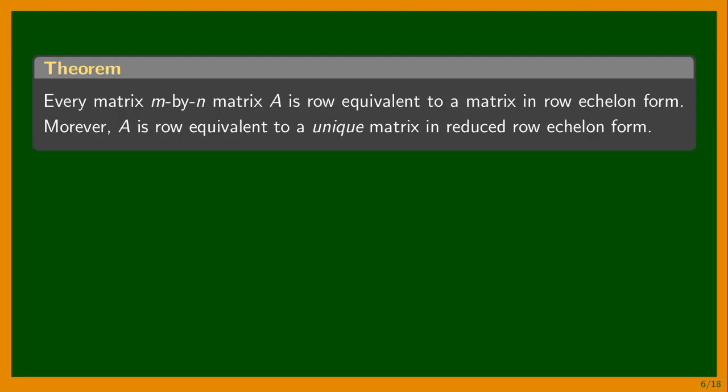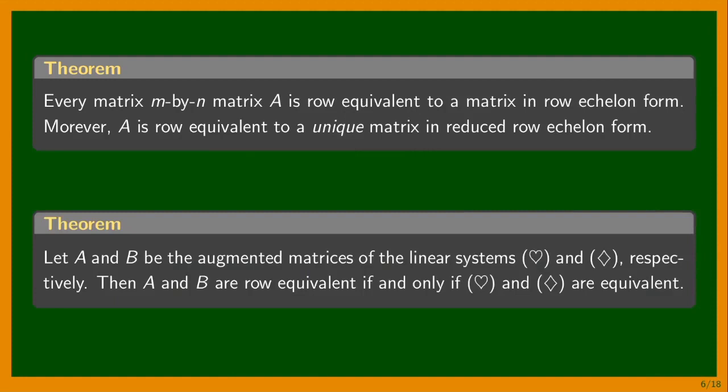But if we insist on getting a matrix in reduced row echelon form that is row equivalent to A, then there is only one answer. The uniqueness is guaranteed by the algorithm that we are performing.